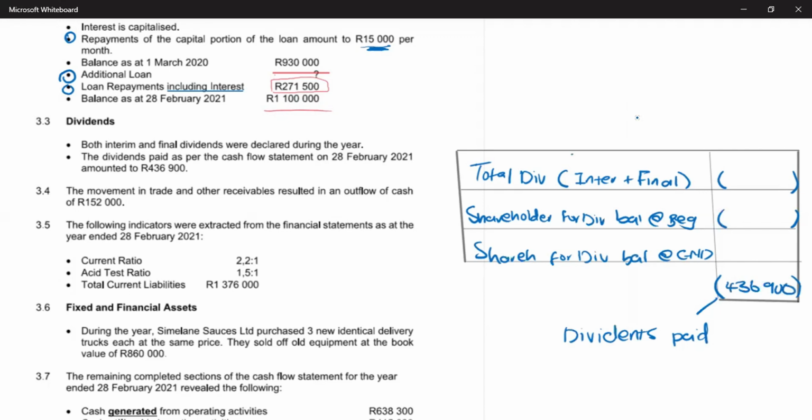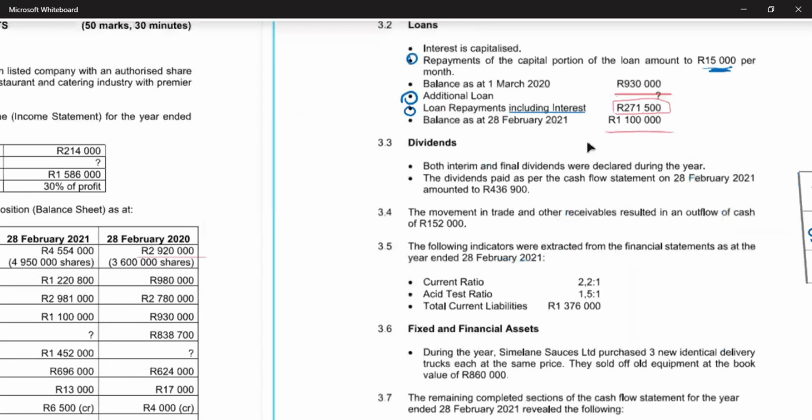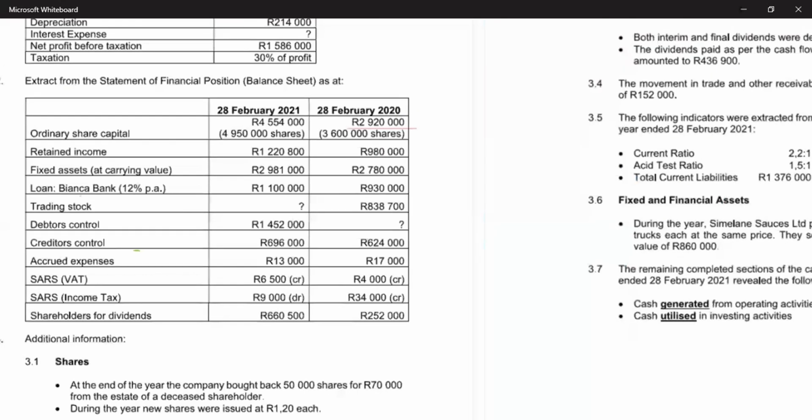Remember, this is what I'm looking for. Now let me see if I have my shareholders for dividends balances. So here's my shareholders for dividends balance. So these kind of questions, if you know your format, it will be easier for you to answer them, right? Now I have my balance at the beginning, which is 252,000.